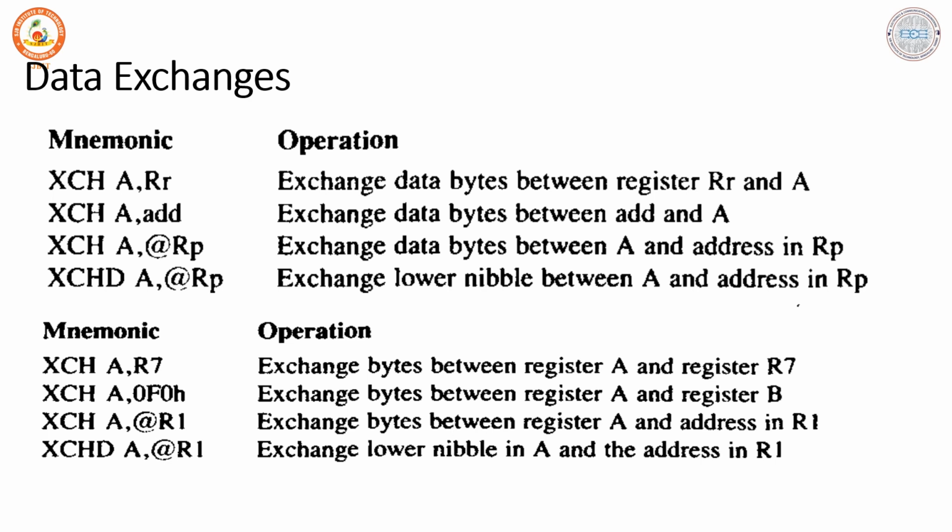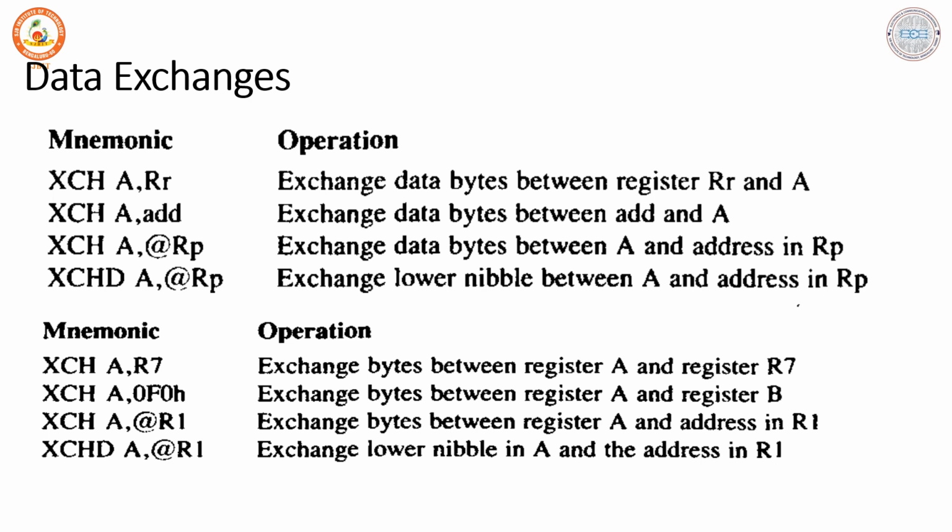We have some more instructions to perform data transfer, which are nothing but data exchanges. Here the movement of data in both directions between the source and the destination addresses is accomplished by the data exchange instructions.